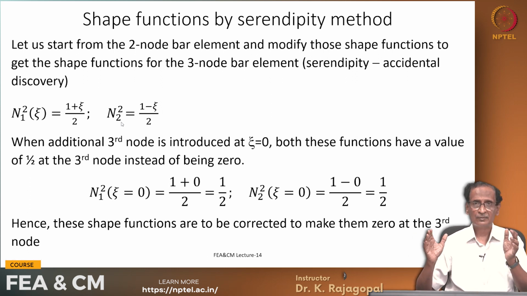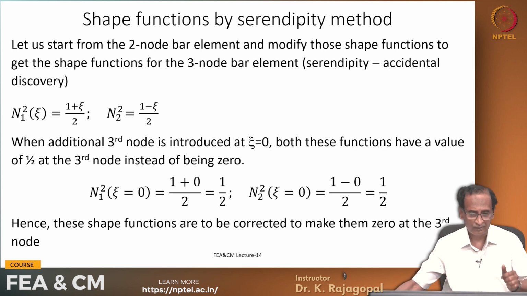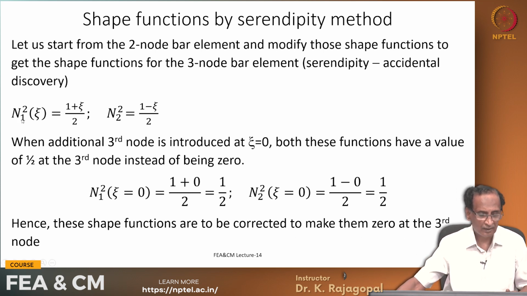Our n1 was (1 plus xi) by 2 and n2 is (1 minus xi) by 2, and here the subscript refers to the node number 1 and 2 and the superscript refers to the number of nodes in the element. For the 2 node bar element, (1 plus xi) by 2 and (1 minus xi) by 2.